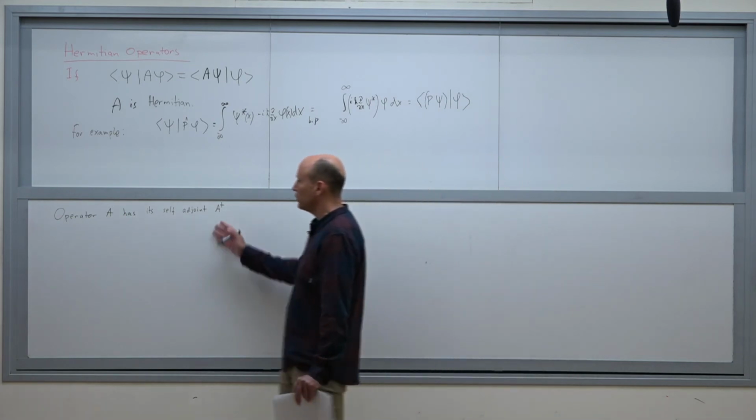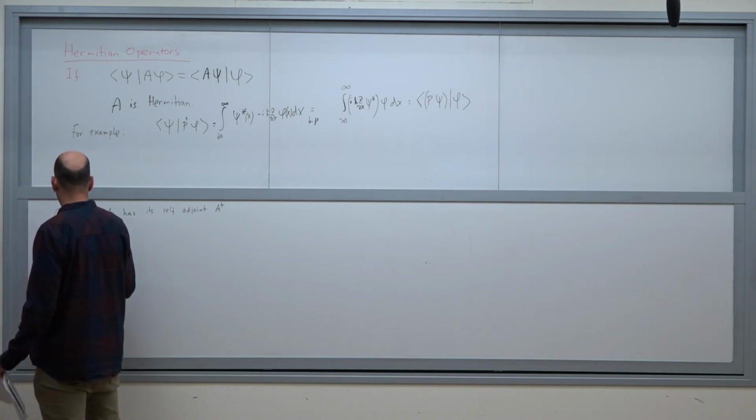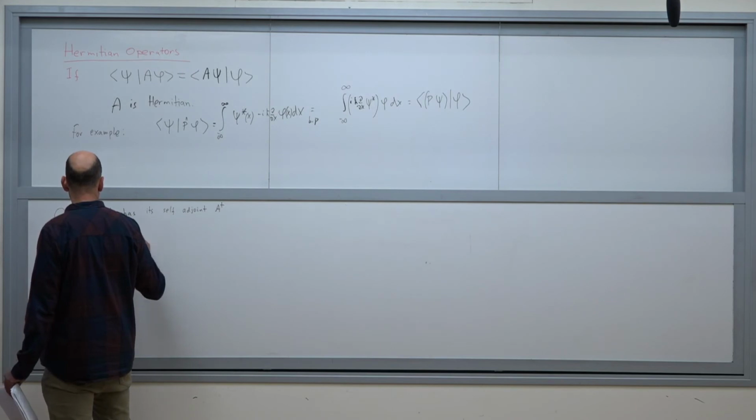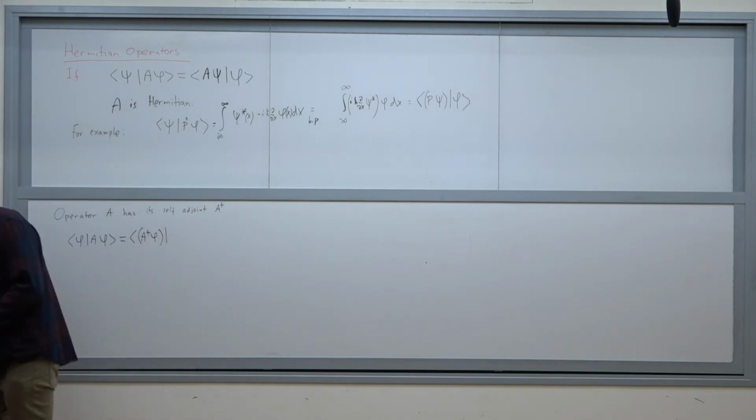And how is A dagger defined? A dagger is defined like this. You have phi, A psi. Now I look for some operator, A dagger, phi, psi.